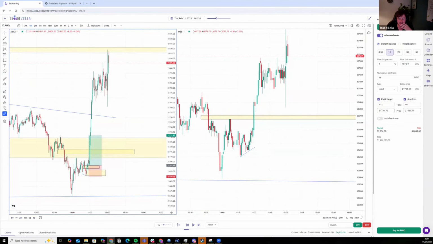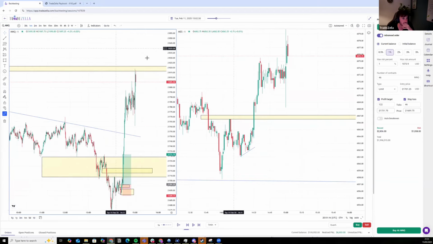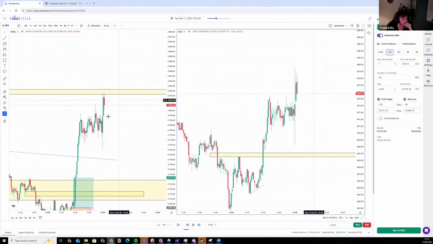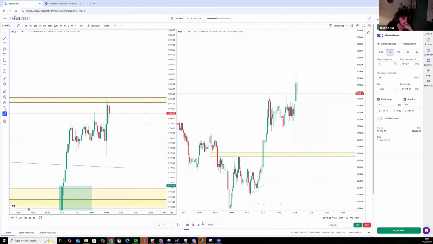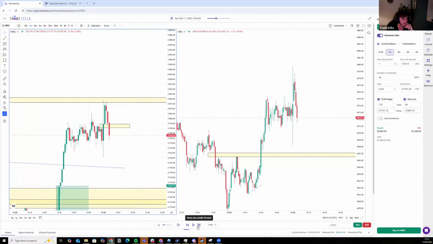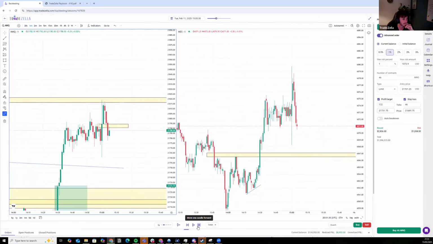Okay, so now potentially we could look for a short, but I don't know if we'll get one. We'll see. So no SMT formed. We've got this fair value gap in this leg here, but no SMT as of yet. So we do close through it, but still no SMT.